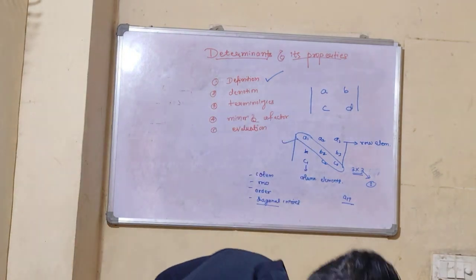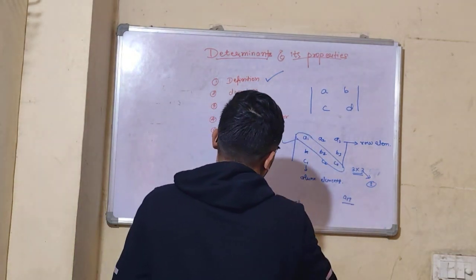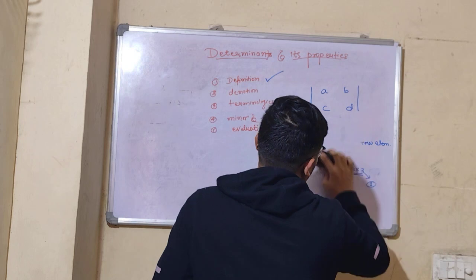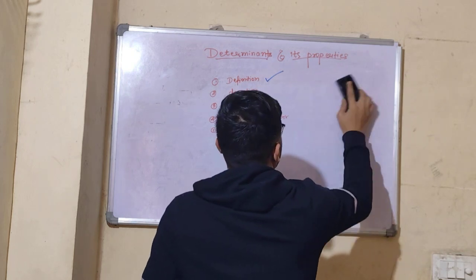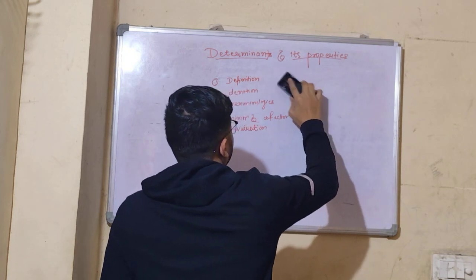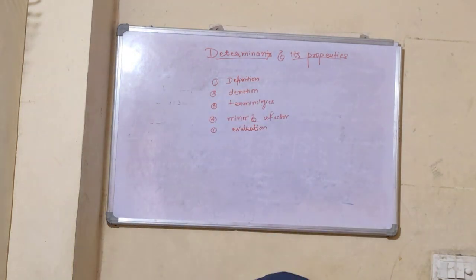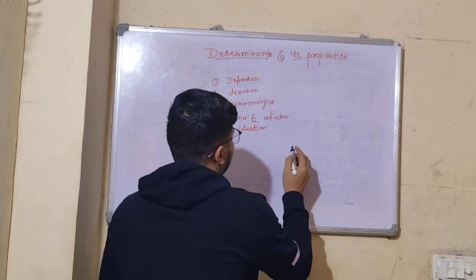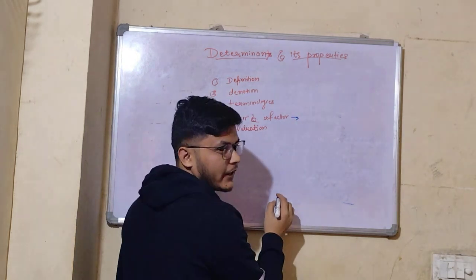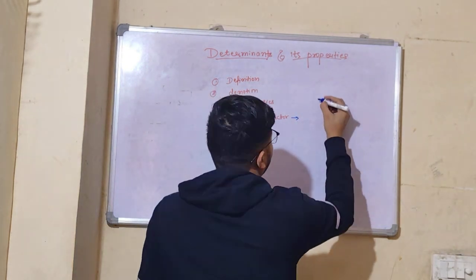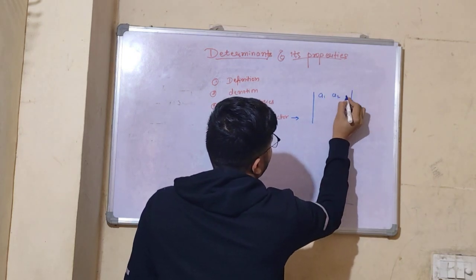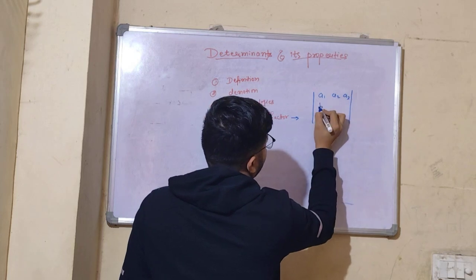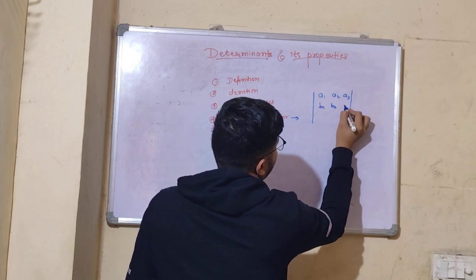Let me first erase this. So what is minor and what is cofactor of a determinant? So let's say we have this determinant of 3 by 3 with elements as this.